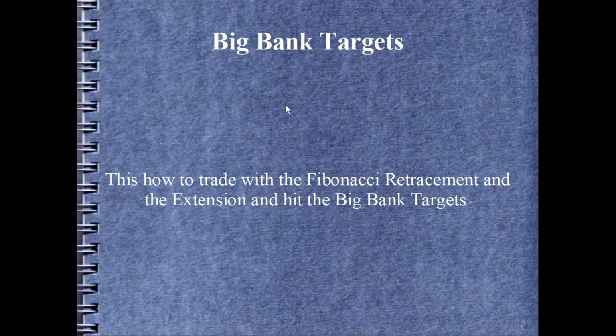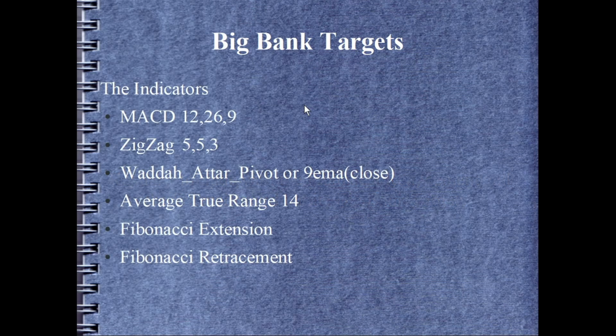Okay, so here it is. These are the indicators. Most of them are just on the default settings. The MACD, the zigzag is not on default settings. This is basically the only number you have to change.